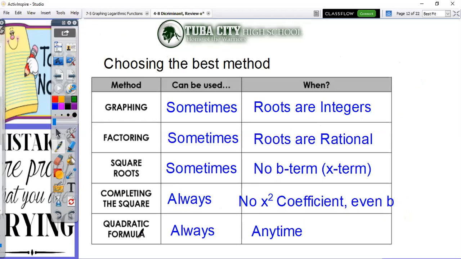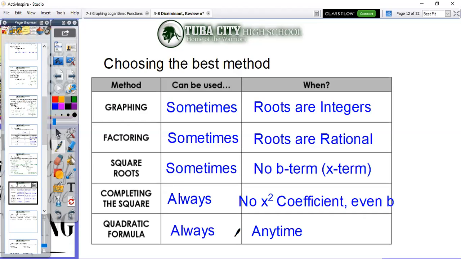And when is it best to use the quadratic formula? Well, it may not be best because it takes a long time to work, because you have to plug all of the values into multiple places in the formula. And you have to memorize the formula, and there are ways to memorize it. I suggest you look it up. There are some YouTube videos that teach you how to memorize the formula in catchy songs. But anyway, if you're not sure, you can always use it, and it works on anything.